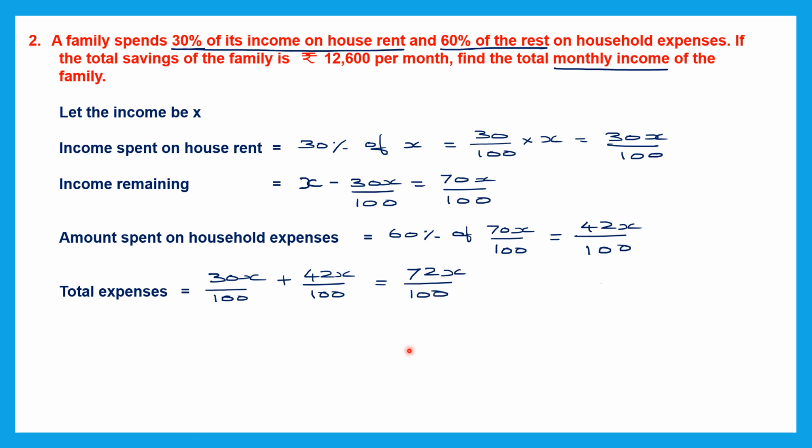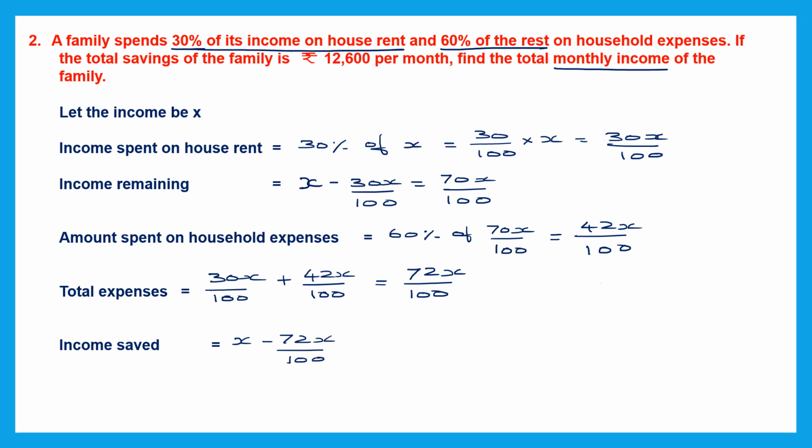So this is the total expenses. This is the income, this is the expenses. If we subtract both, we will know what the savings are. So the income saved will be the original income minus the expenses. So that is x minus 72x by 100.